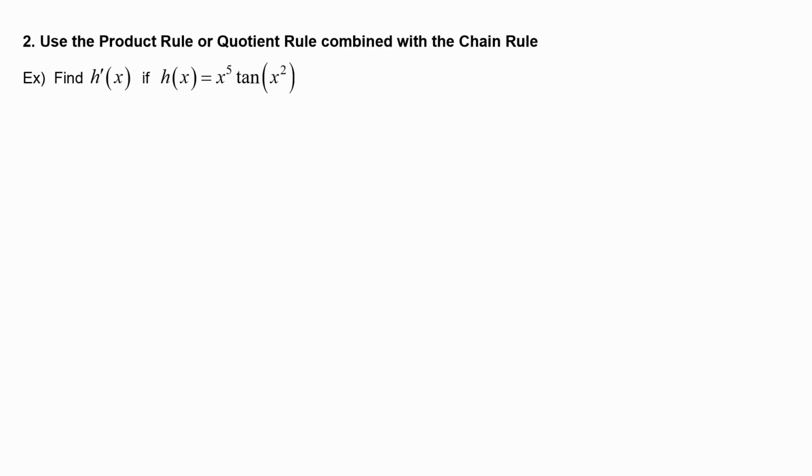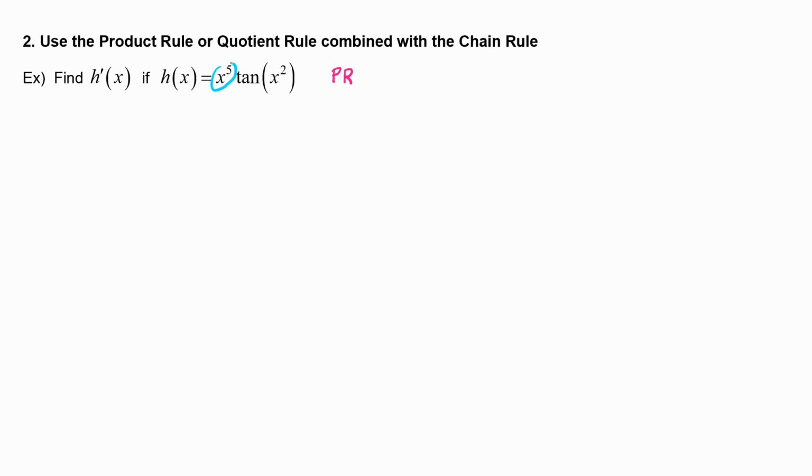Next, you will learn how to use the product rule or quotient rule combined with the chain rule. In this example, find h prime of x if h of x is equal to x to the 5th tangent of x squared. We can see right away that we have the product of two functions. So we know we are going to need the product rule.